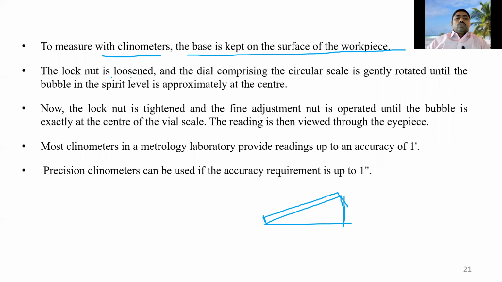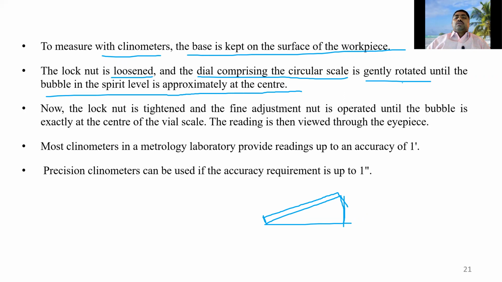The lock nut is loosened and the dial comprising the circular scale is gently rotated until the bubble in the spirit level is approximately at the center. Not exactly at the center, approximately at the center.